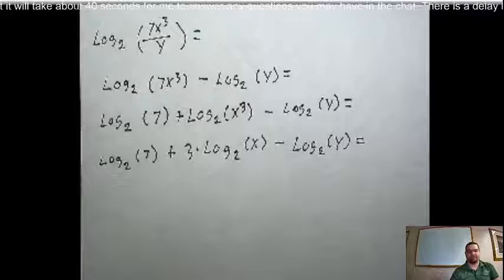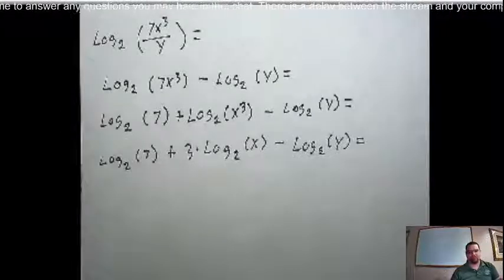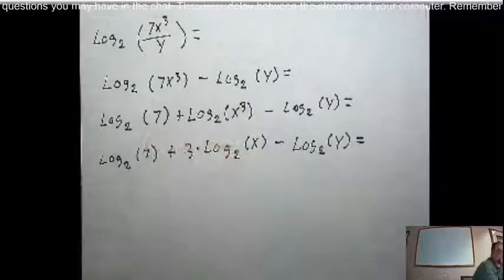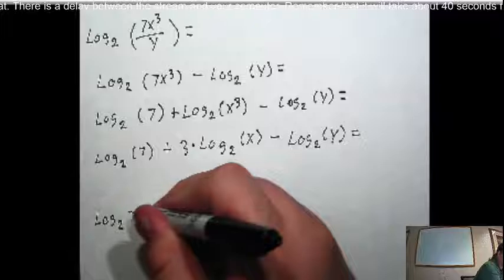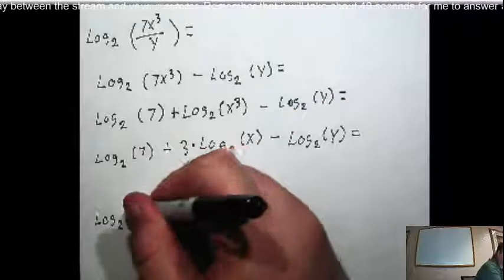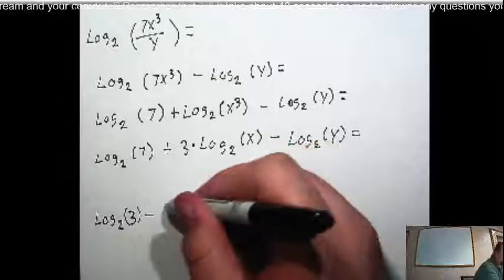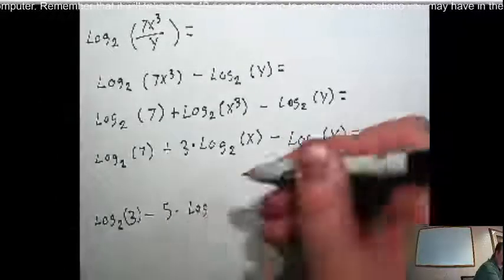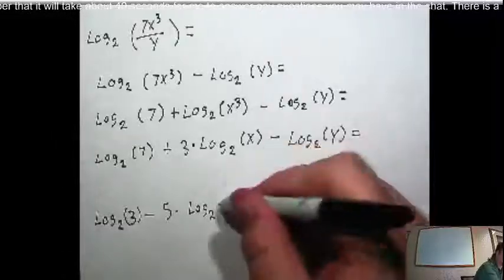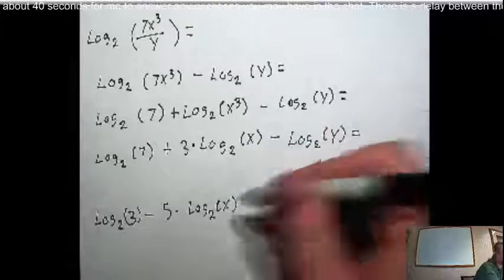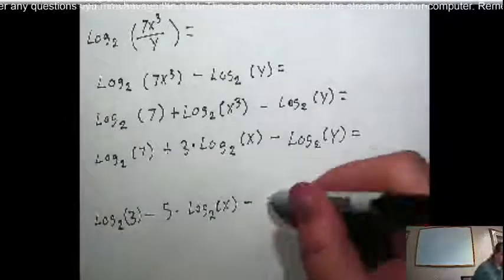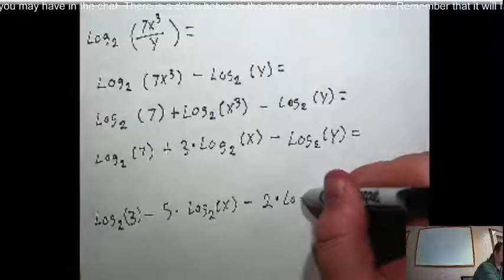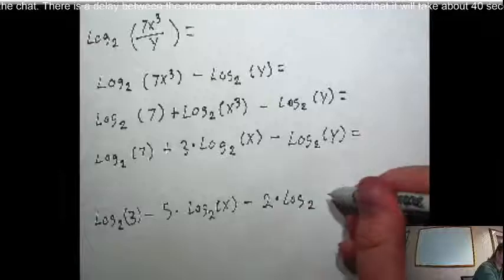Of course, we can also go the other way around. Let's say we have log base 2 of 3 minus 5 times the log base 2 of x minus 2 times log base 2 of 4.